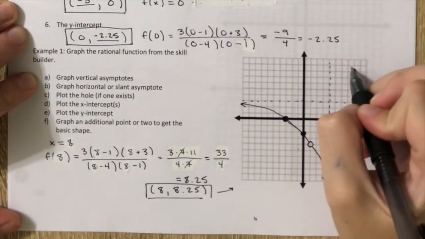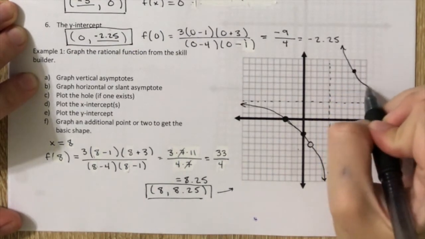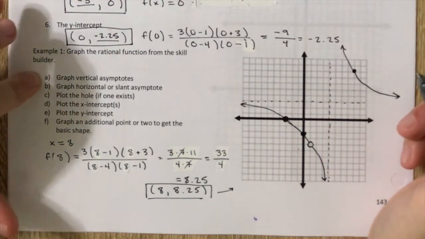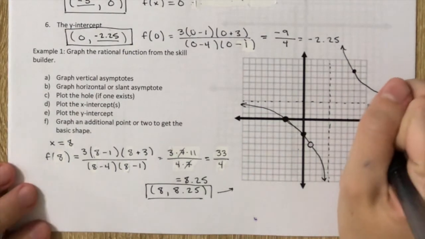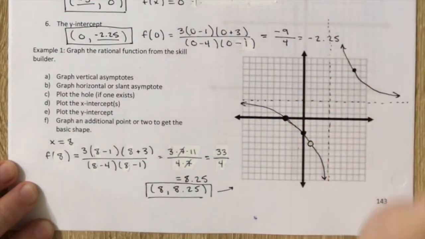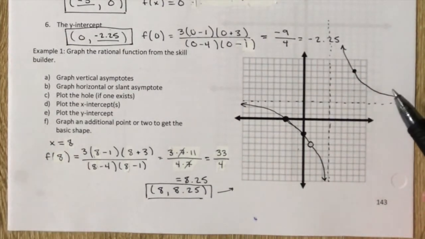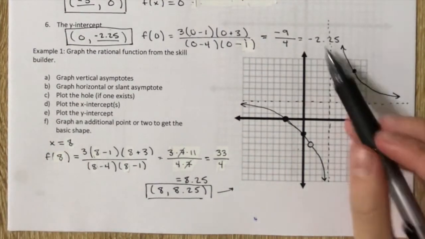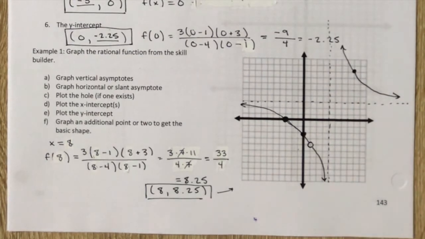And our function is going to look like this. I drew it off the side, but you get the point. We're going to be approaching that line and this line. Because we have this point up here, that curve of our function is going to be on top, not underneath. So we have this shape.